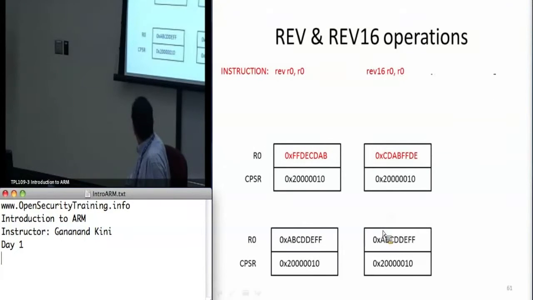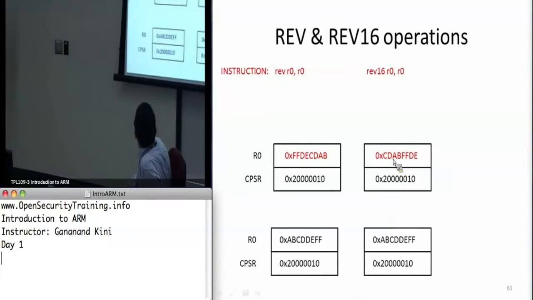So here's an example. If you have REV R0, R0, and R0 is filled with ABCDEFFD, then it becomes the reverse byte order, and puts that into R0.